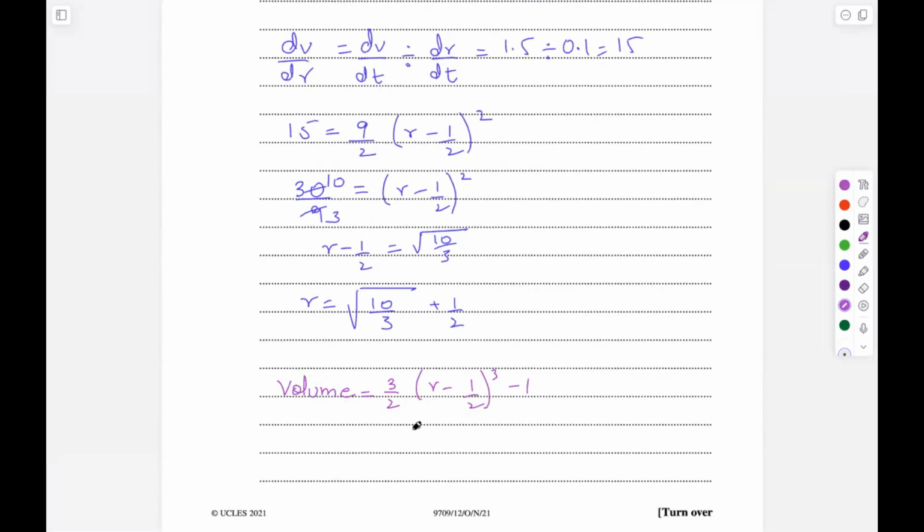We can write it as 3 upon 2 into (2.325 minus 0.5) whole cube minus 1. When we substitute this in the calculator, we take this answer minus 0.5, and then cube the expression, then multiply it by 3, divide it by 2 and then subtract 1. The final answer for the volume will be 8.13 centimeter cube.